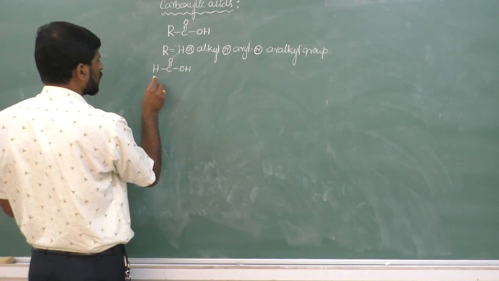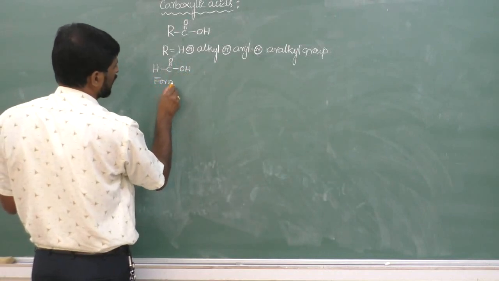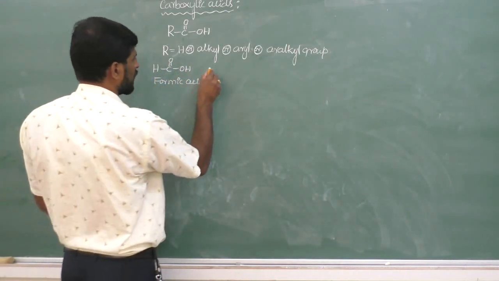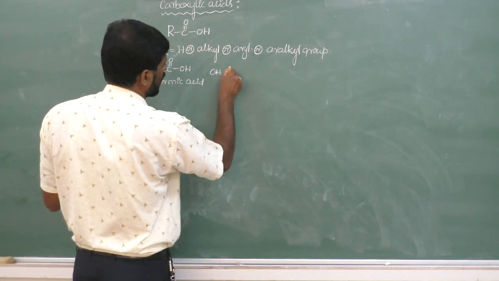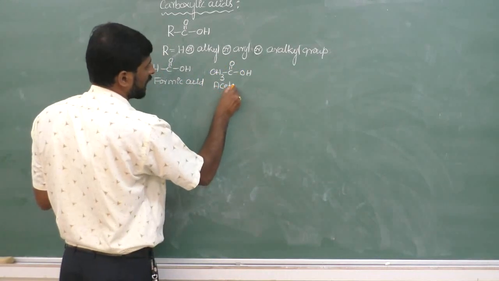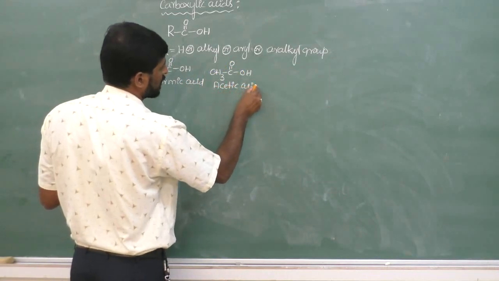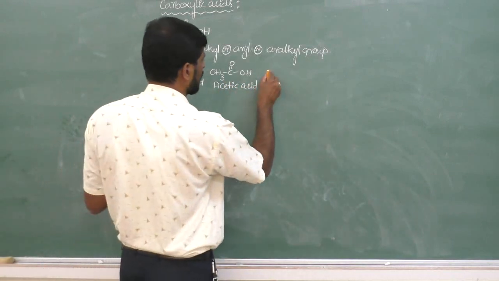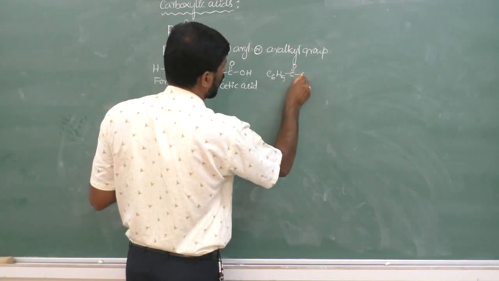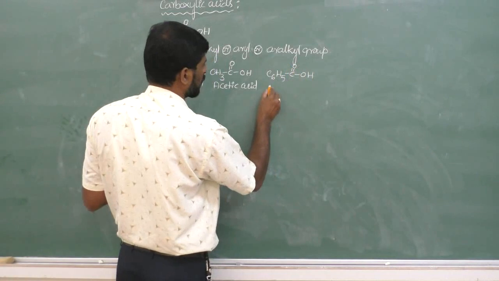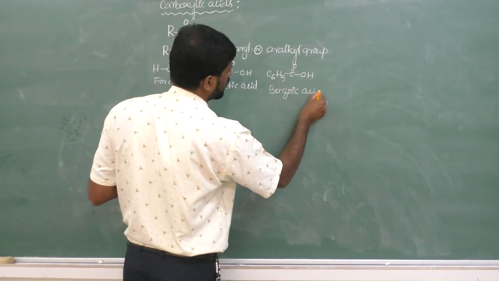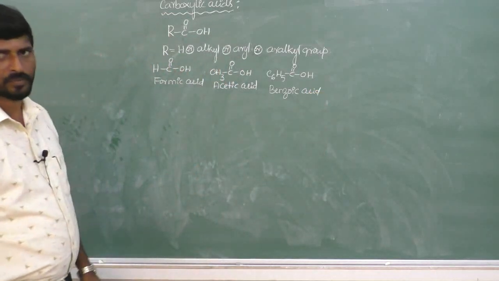HCOOH. So, this is nothing but formic acid. CH3COOH. This is nothing but acetic acid. Next, C6H5COOH. So, this is nothing but benzoic acid. Okay.